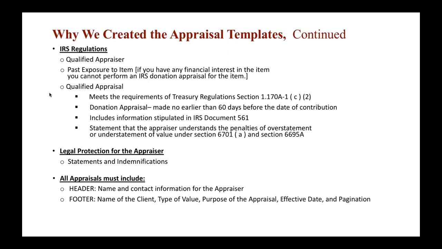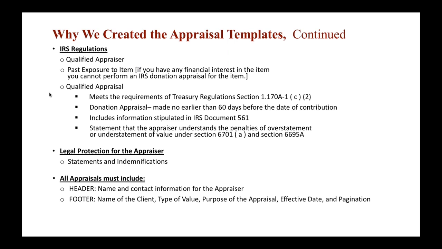Generally accepted standards, including Uniform Standards of Professional Appraisal Practice. So right as of 2019, the regs actually do reference USPAP and a USPAP compliant report as meeting the qualified appraisal, and a USPAP compliant appraiser meeting the competency and ethics requirements also as a qualified appraiser.